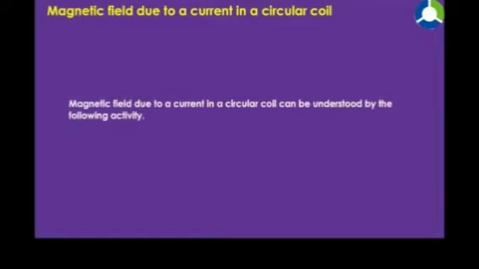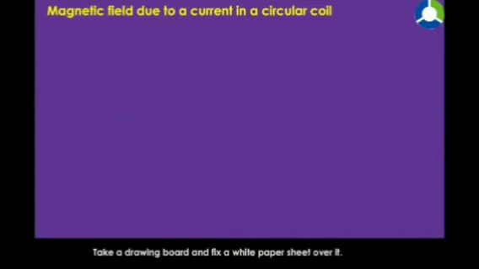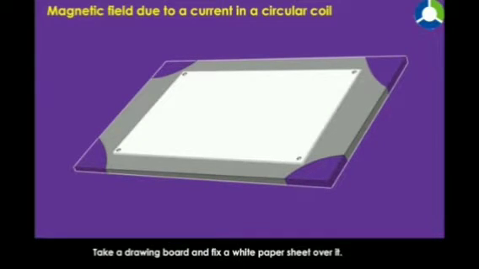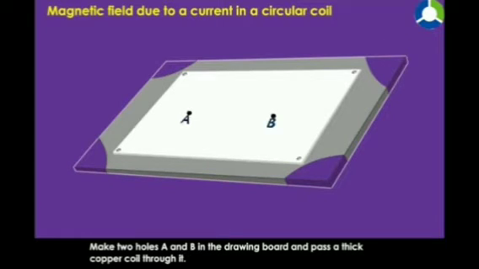Magnetic field due to a current in a circular coil can be understood by the following activity. Take a drawing board and fix a white paper sheet over it. Make two holes A and B in the drawing board and pass a thick copper coil through it.